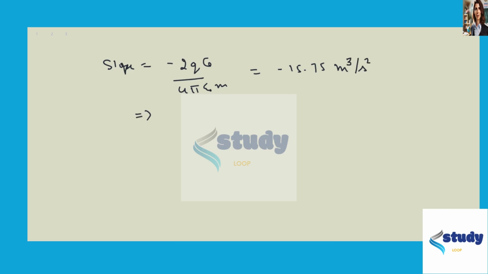So this gives us Q equals, minus minus goes away, 4 pi epsilon naught times m times 15.75 over 2q.